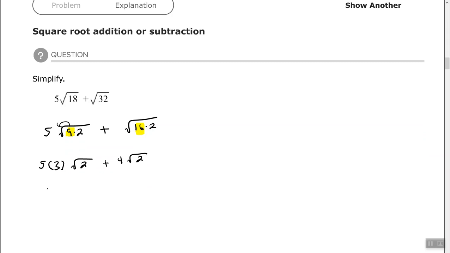So now 5 times 3 is 15. Now since both of those are being multiplied times the square root of 2, I can combine the 15 plus the 4 to make 19 times the square root of 2.